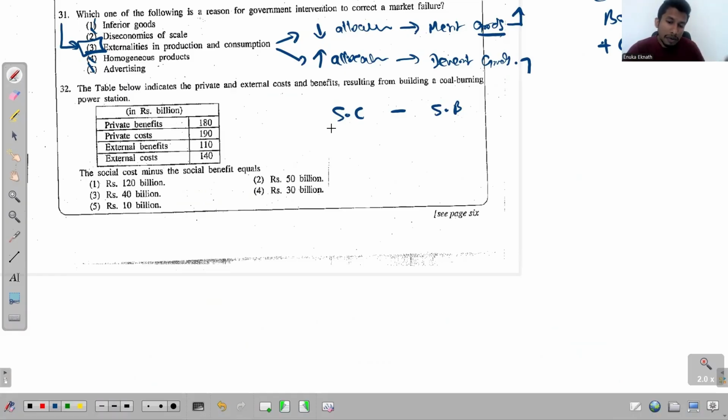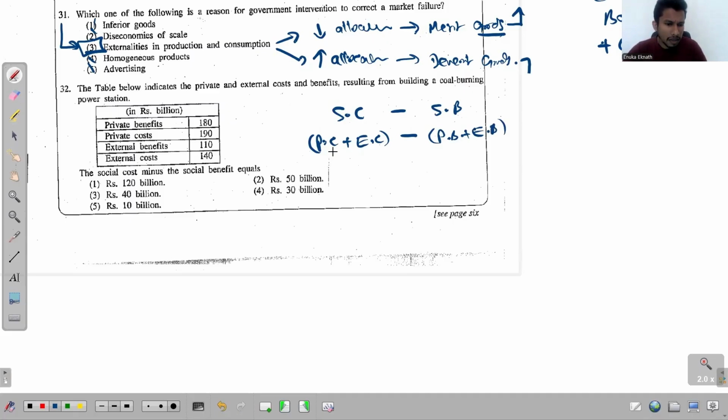As I showed you in the note, social cost comes as the addition of these two components. So we have the private cost plus the external cost, and that is equal to the social cost. And to calculate the social benefit, we just take the total of private benefit and the external benefit.